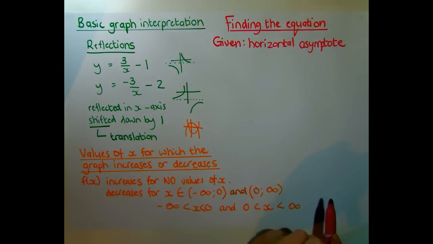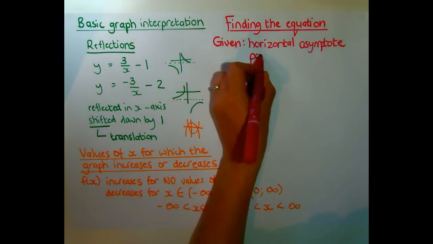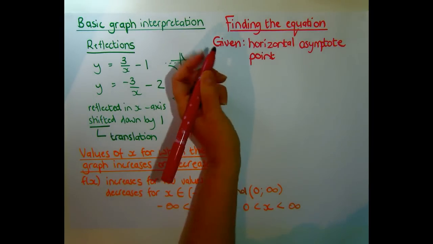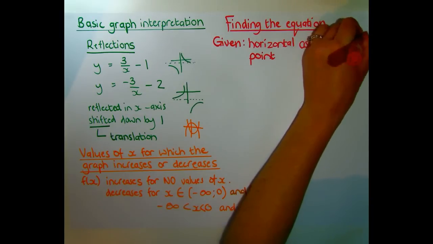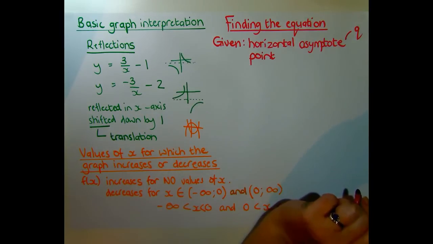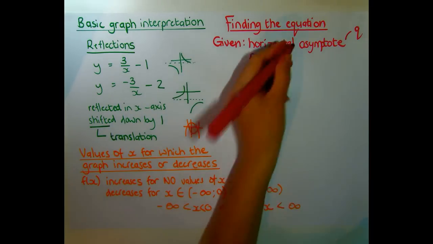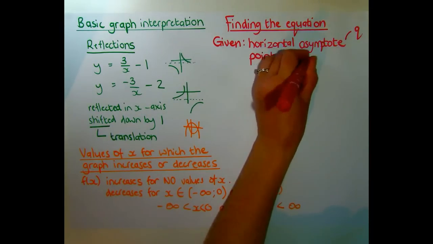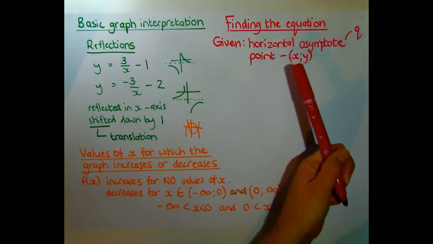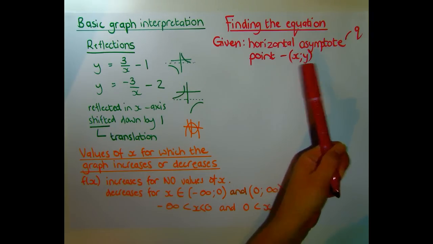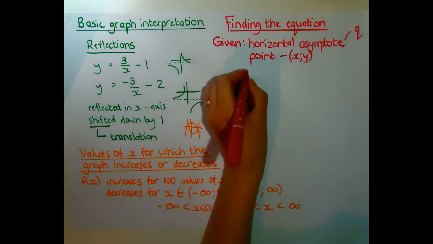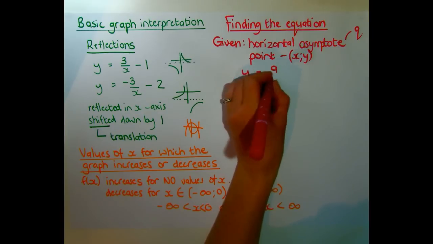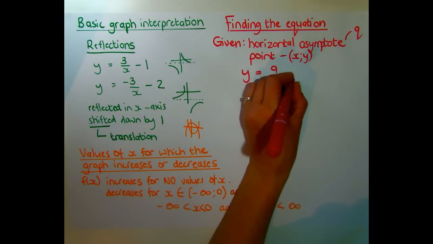So let's say they give you the horizontal asymptote and then they give you a point. Okay, so the horizontal asymptote is a q value. You plug it straight into your general formula, and then this one, a point is going to have the value x and y. So you plug in the x, you plug in the y, and what's left over, let's go back to the formula, is actually a over x plus q.